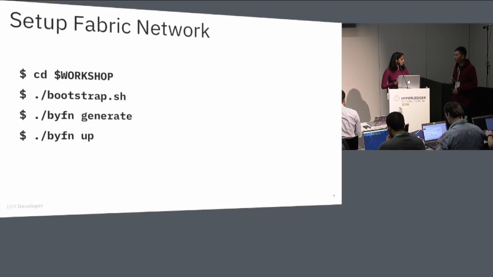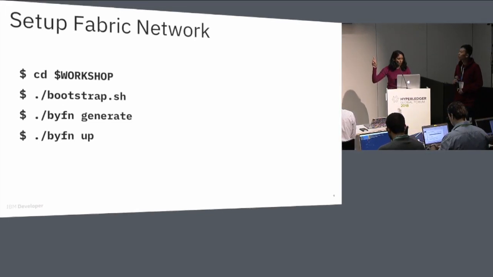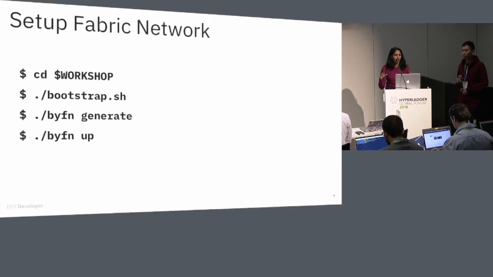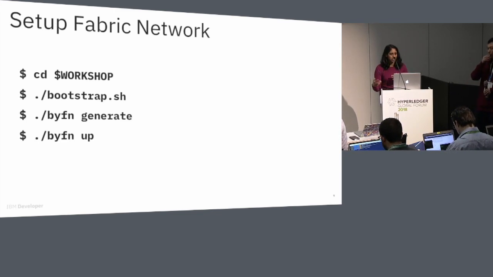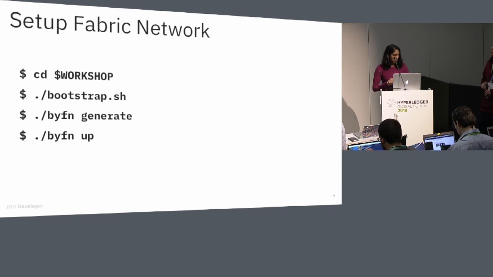Then the next two steps: BYFN, so we've borrowed the Fabric samples and altered them a little bit to make it easy for us to do the EVM installations. The next step is to generate the certs that you need to start up the network, and then the last one is to just run it.